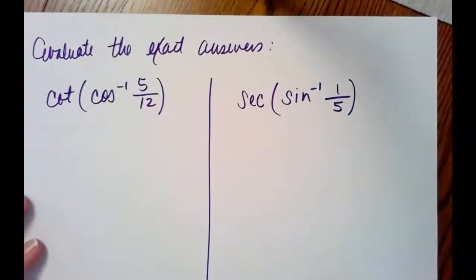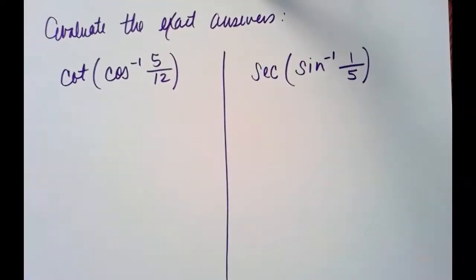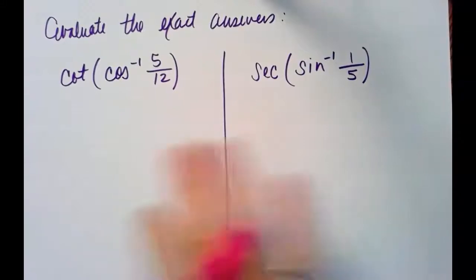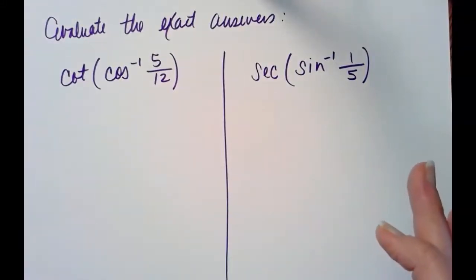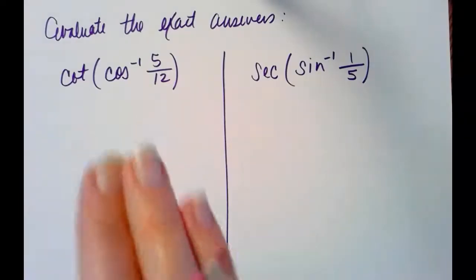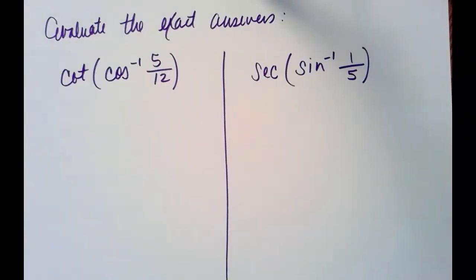Two last problems. Evaluate the exact answers. These are the ones we were doing last in class. These are the ones that we need to draw a diagram. We're going to be drawing a diagram in order to prove our answers. These are also the questions where you're going to initiate a whole new variable.